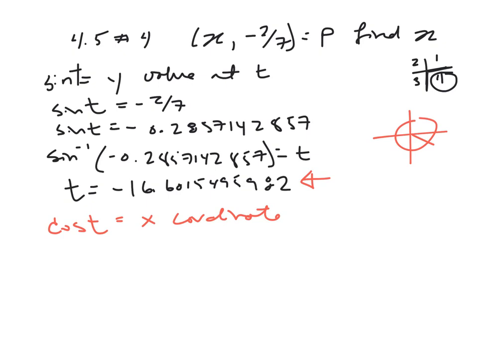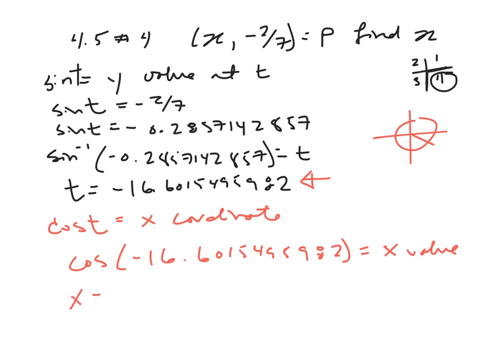So all that I have to do then is find the cosine of t, and t is -16.6015495982, which is going to be equal to the x value of P. If I find the cosine of that number, I get that x is going to be equal to 0.958314847, etc.